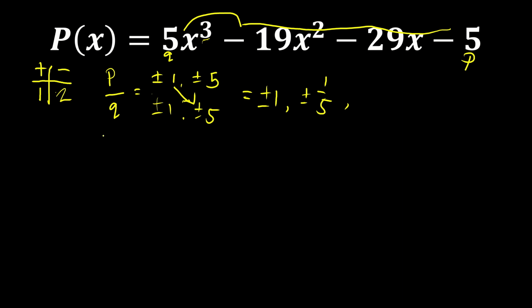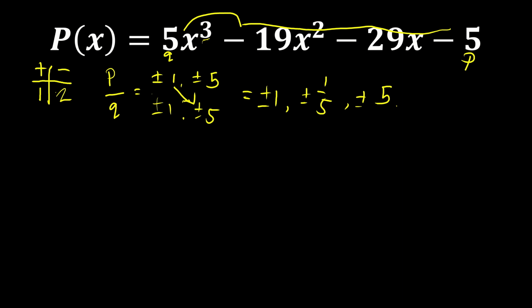Si 5 naman, ipapartner natin sa lahat ng factors ng Q. 5 divided by 1 is positive, negative 5. And 5 divided by 5 is 1. So no need to write again 1. So therefore, the possible roots of this function ay si positive negative 1, positive negative 1/5, and positive negative 5.